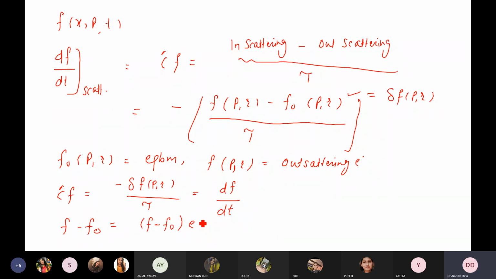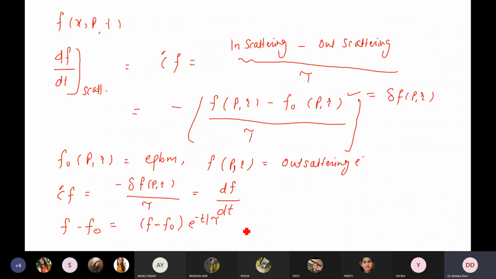So this will give you the result f minus f naught is equal to the initial f minus f naught times exponential of minus t upon tau. Okay, so this is the modified Boltzmann transport equation when you are considering the scattering of electrons.